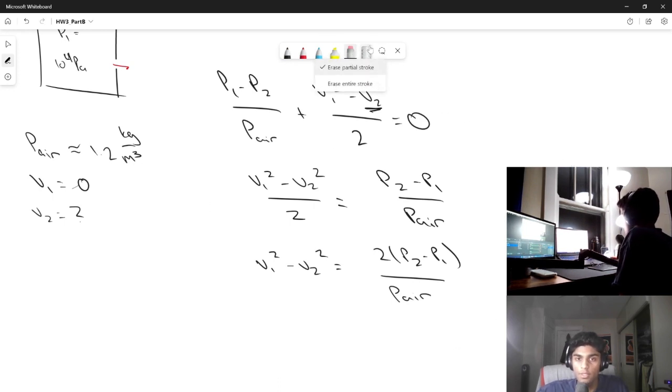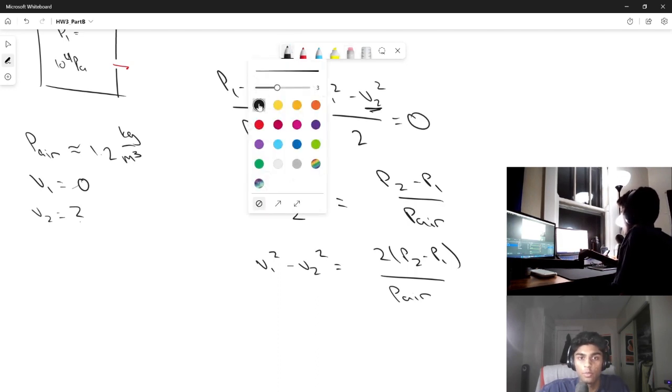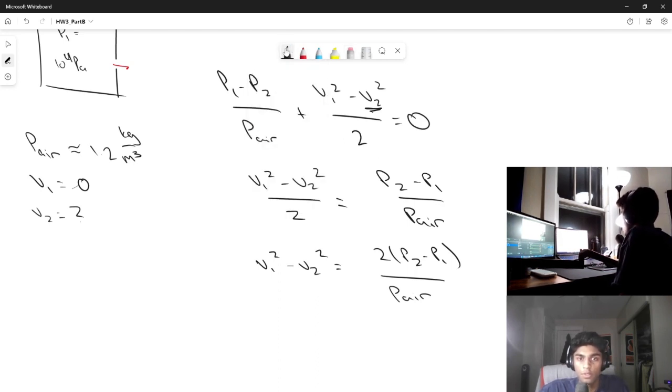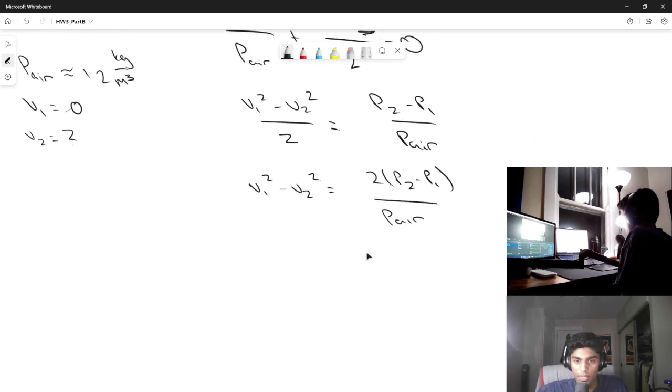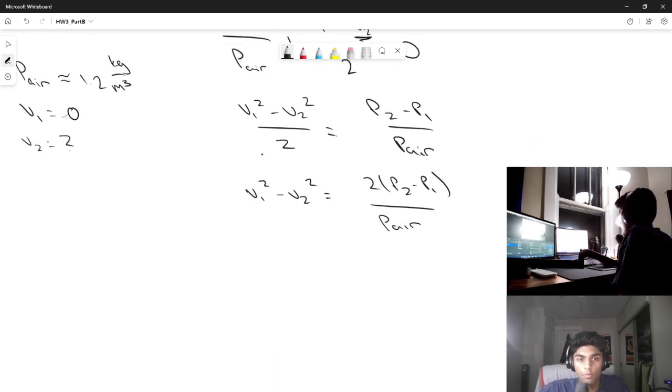Actually, to make this easier on ourselves, let's just plug in some values. V1 is going to be 0, so we don't need to worry about that. Our pressure 2 is going to be 0, so we shouldn't worry about that either. And now we're going to plug in 1.2 here.